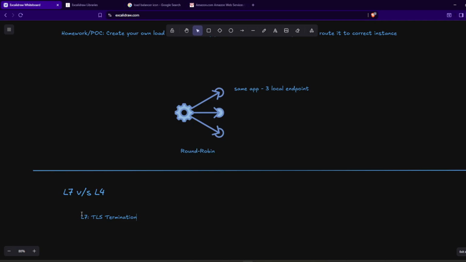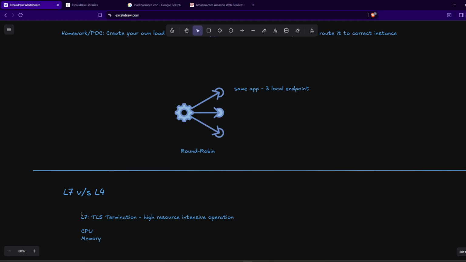And if you remember from the previous video, TLS termination is a high resource intensive operation. For example, in the CPU there is a high overhead due to the TLS handshake, where encrypt and decrypt goes on.